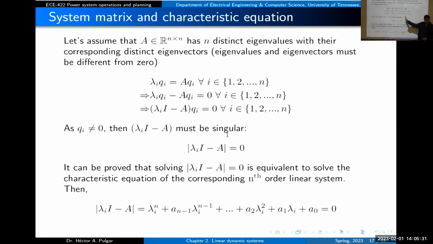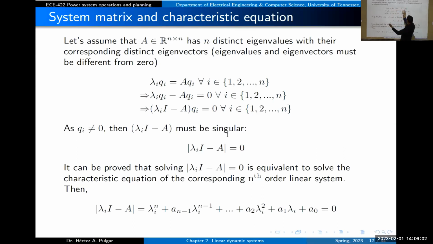I think we finished here last time. So what I have here is actually the singularity, which is the definition of eigenvector and eigenvalue for this matrix. It's a particular direction in the space in which we have this singularity. This transformation is unable to change the direction of Q, and we have as an output something that is proportional to Q only.